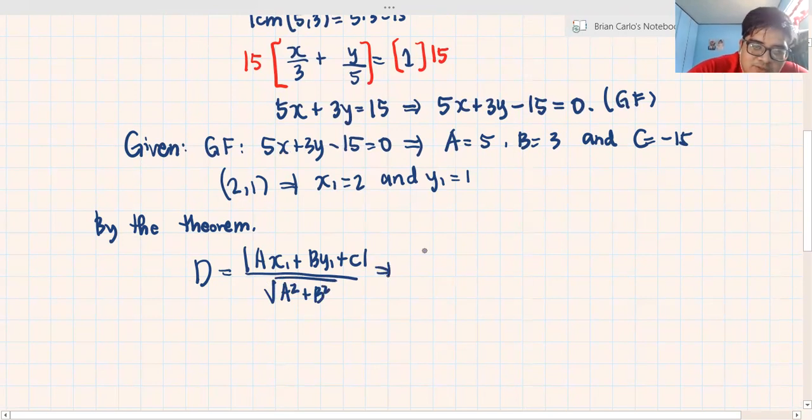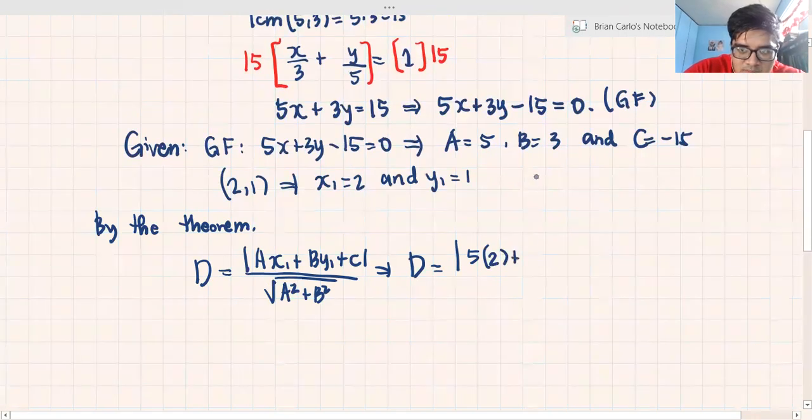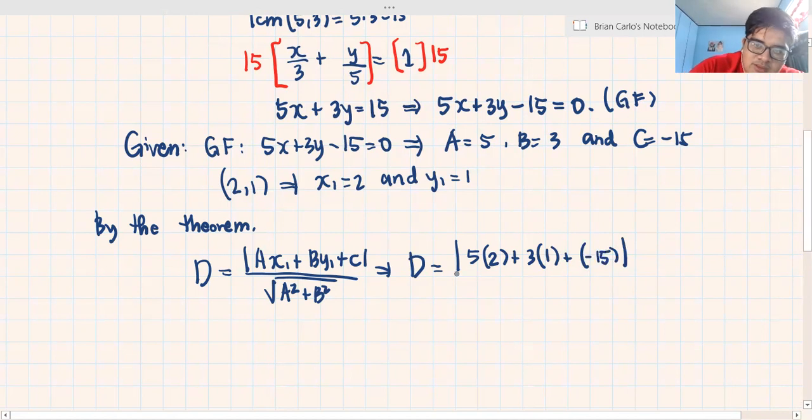This implies that yung distance between the line and the point is just equal to the absolute value of A, 5, multiplied by x1 or 2 plus B, which is 3, multiplied by y1, which is 1, plus C or negative 15, all over square root of A squared, 5 squared plus B squared, 3 squared.